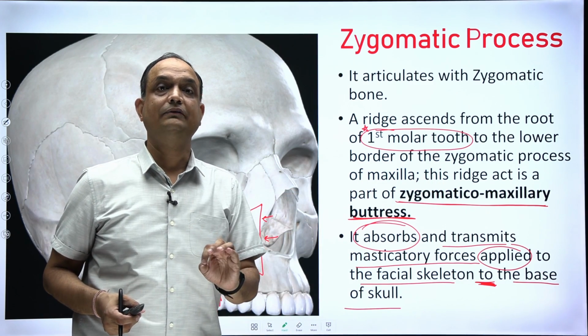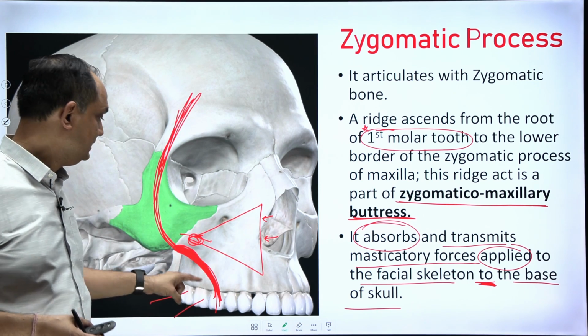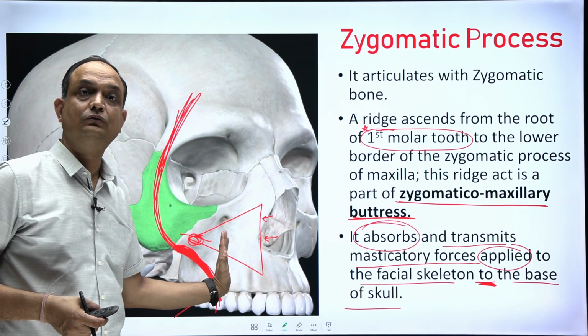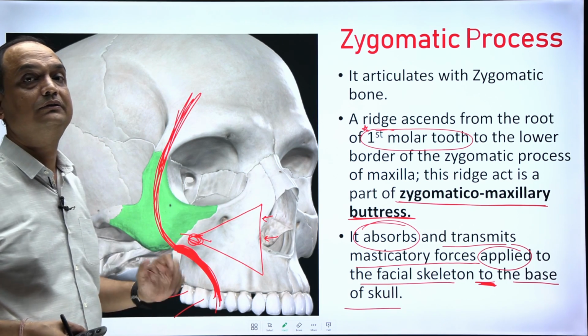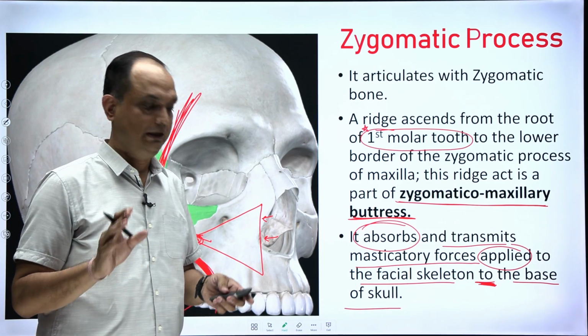And sometimes you have this question regarding the zygomatic process of the maxilla. Here this line of buttress is also known as the demarcation between the facial surface and the posterior surface of the maxilla, forming the inferior border of the zygomatic process.